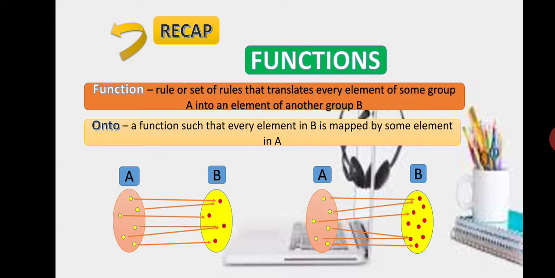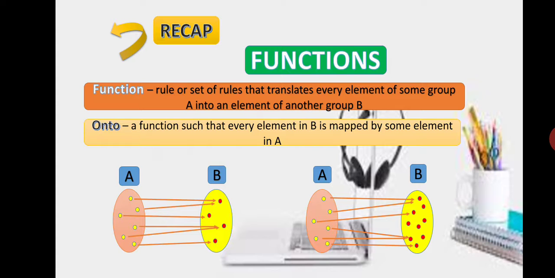Let's have a recap about functions because this could be very helpful in determining whether two groups are isomorphic or not. A function is a rule or set of rules that translates every element of some group into an element of another group.